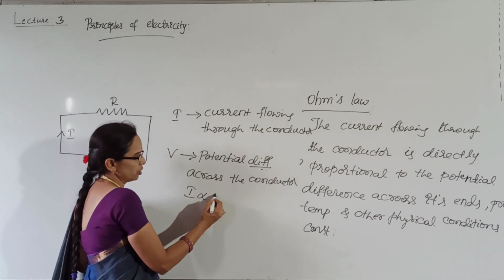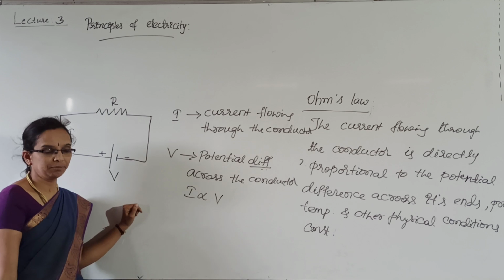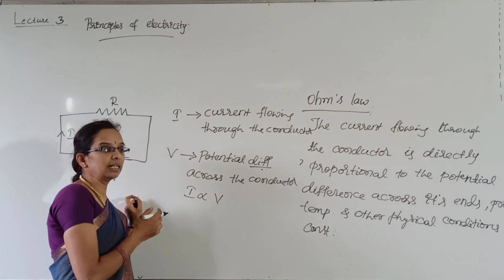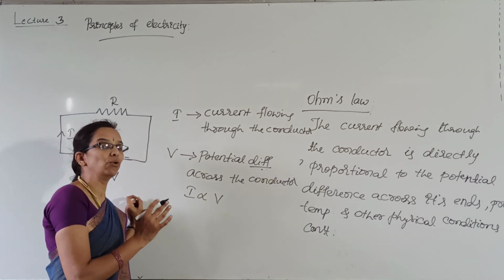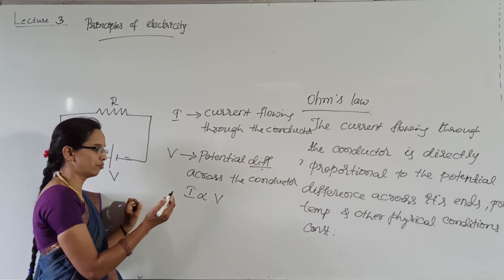I is proportional to V. That means current flowing through the conductor depends directly on the voltage across it or potential difference across it.